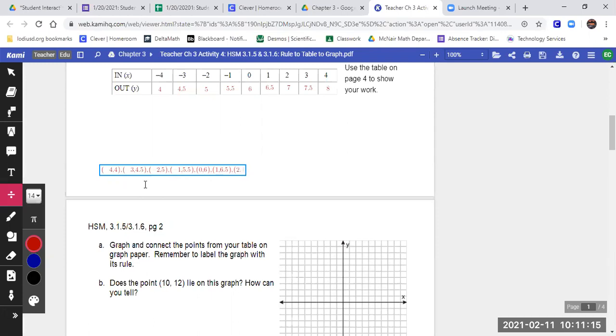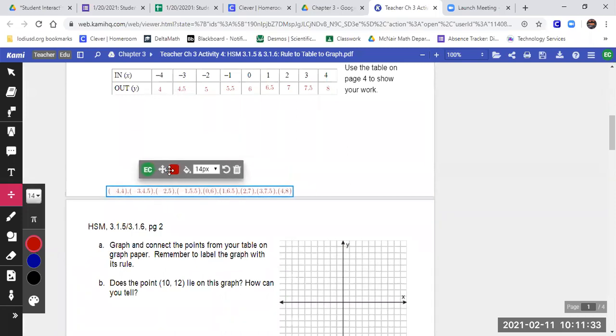Oops, parentheses in the wrong spot. 3 is with 7.5. And 4 is with 8. Right? We need that list.